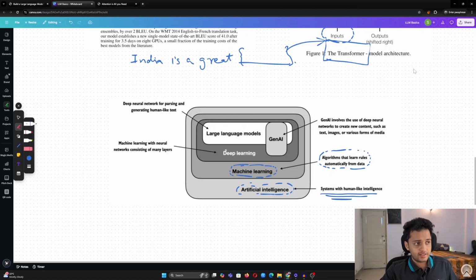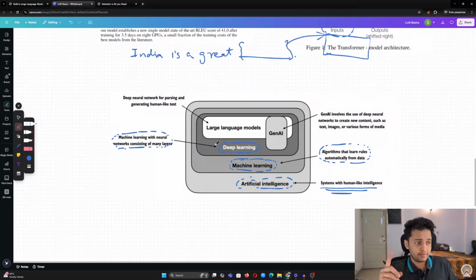The next subset is called deep learning. So deep learning, as I showed you above in this video, is machine learning with neural networks, and it consists of many layers. Generally it is very tough to explain why a deep learning model is giving some kind of output, but it is generally easier to explain why a machine learning model is able to predict something.